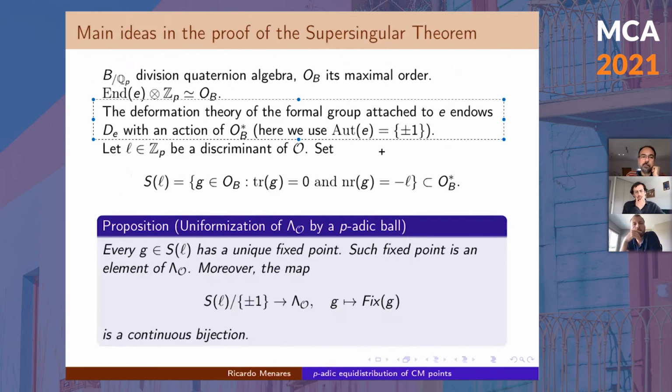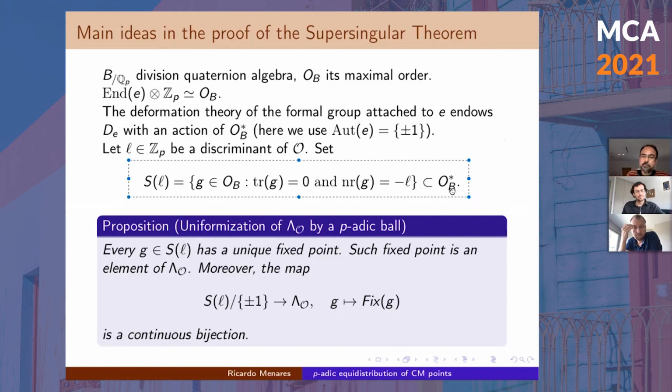Then you can use the deformation theory of the formal group attached to E to construct an action of O_B star, the units, on the disk D_E. So you want to realize this disk as a homogeneous space. That's what you would like to do, and we succeed in some way. This deformation theory is Gross–Hopkins theory, very classical.